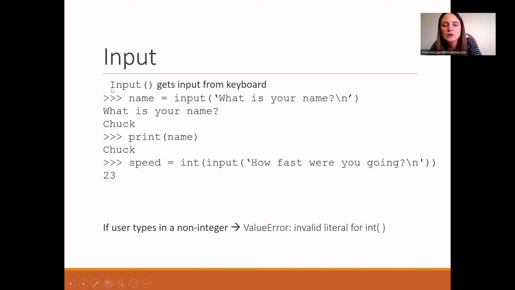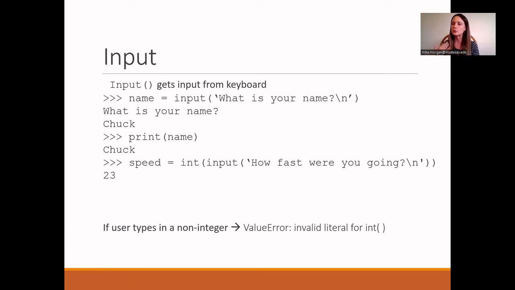Whenever we use the command, this is a new command, we haven't talked about it yet. The command is input, and it's used to get information from the keyboard. If I say input, whatever goes here is the prompt that gets displayed on the screen so that the user understands what I want them to do.